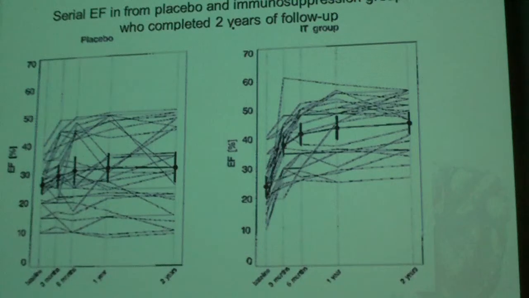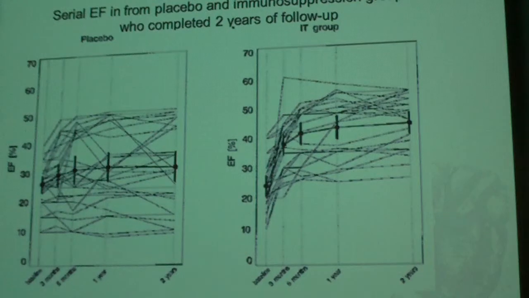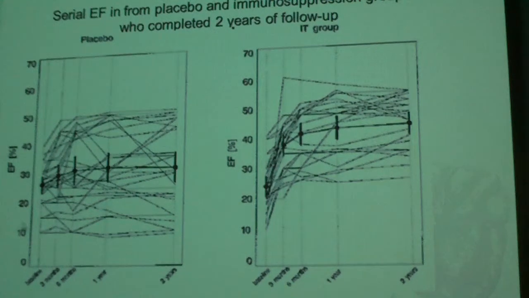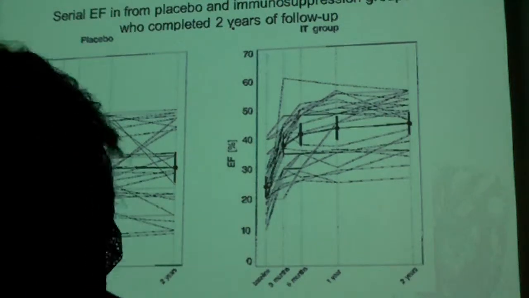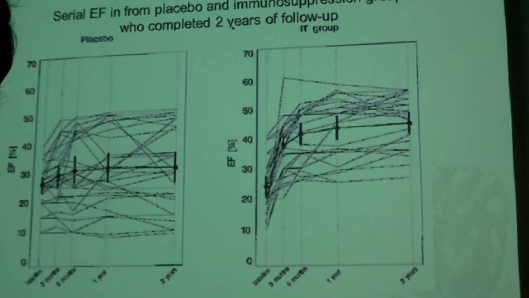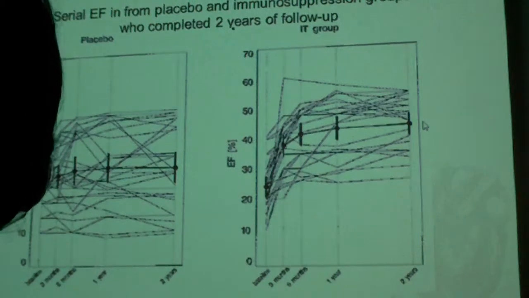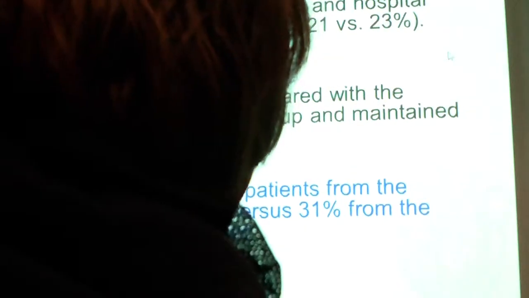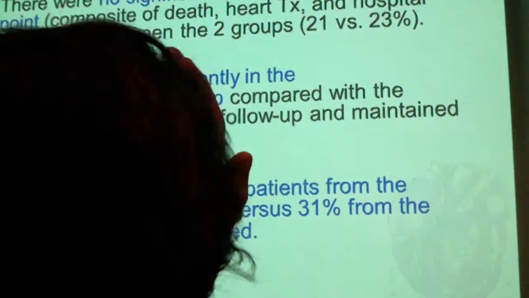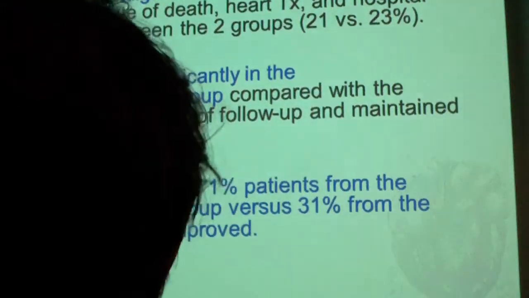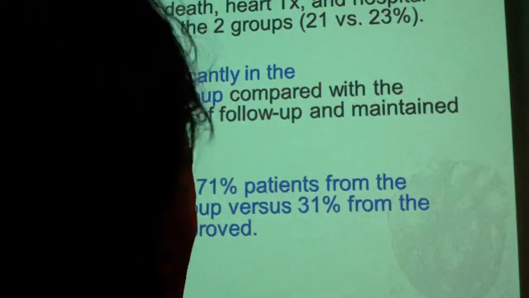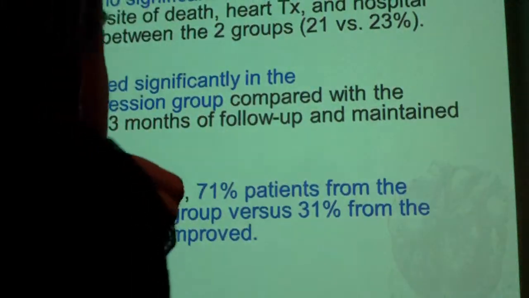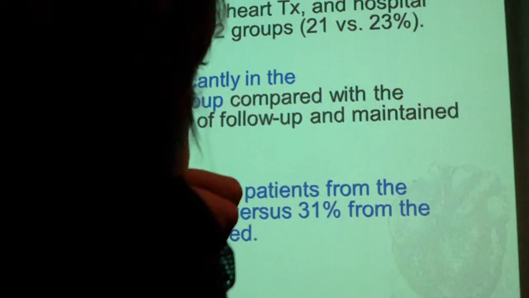You can see that the immunosuppression group did show an improvement of the left ventricular function in 2 years, as you can see here. The placebo group also improved a little bit, but compared to the immunotherapy group, the improvement was much more. But that was actually a secondary endpoint. The primary endpoint was death, heart transplantation, or cardiac hospital readmission, and there you can see there was no difference. There was actually a sub-analysis which showed that immunosuppression in the group with the HLA expression results in an improvement in cardiac function.